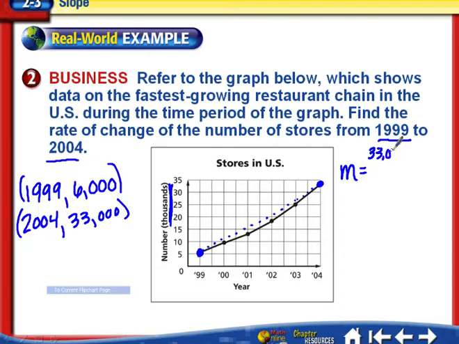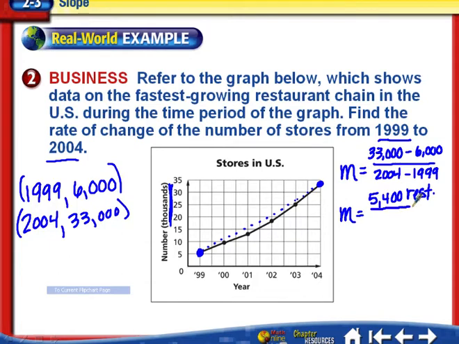All right, so let's do this quick math. 33,000 minus 6,000 and divide that by 2004 minus 1999 gives me a slope of about 5,400. Remember, our top is representing restaurants divided by 1 year. Oh, nope, that's going to be 5 years, sorry.